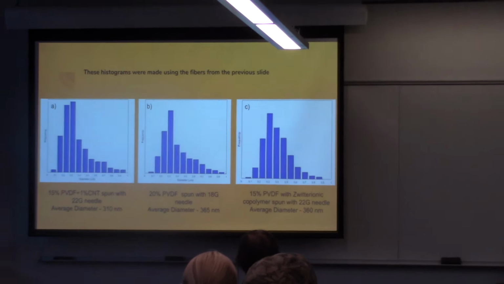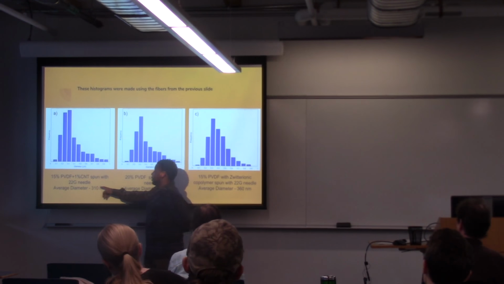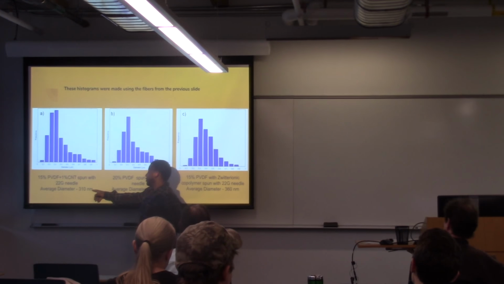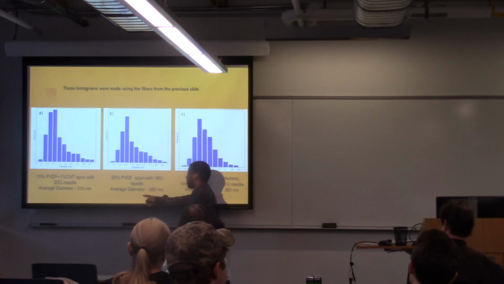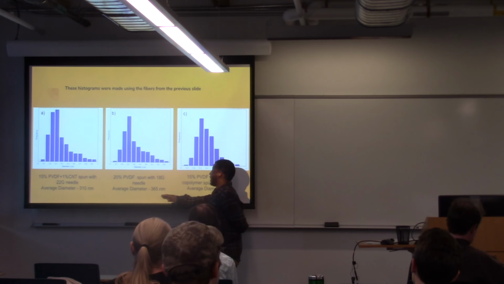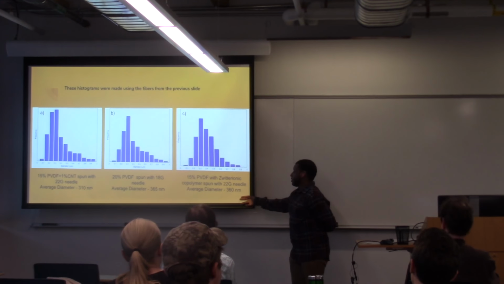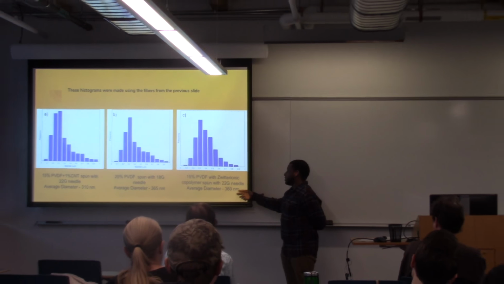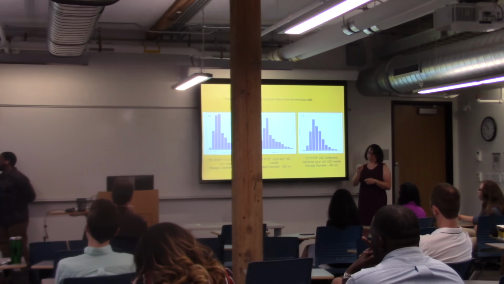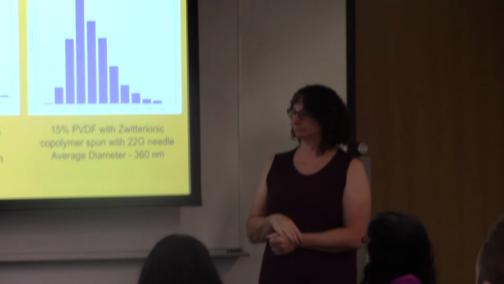As you can see here, a 50% CNT has an average of 310 nanometers. 20% PVDF has an average diameter of about 365 nanometers. And 50% with ionic polymer has an average of 360 nanometers.